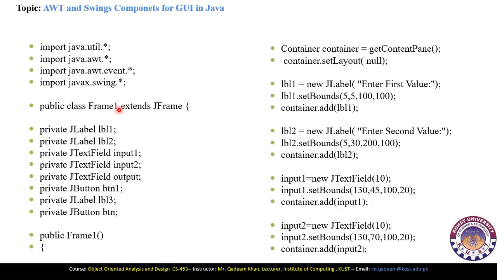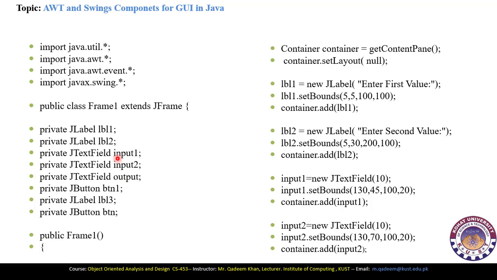Next, we have public class Frame1 extends JFrame. Frame1 is a public class, and it is inherited from JFrame. Now here we first declare the different GUI components. For example, JLabel label1, JLabel label2, similarly JTextField input1 and JTextField input2, and another JTextField output.